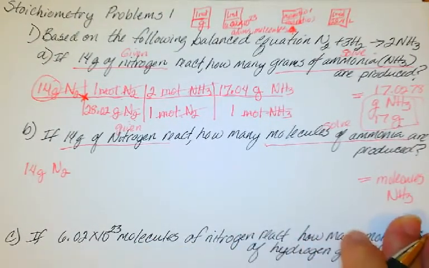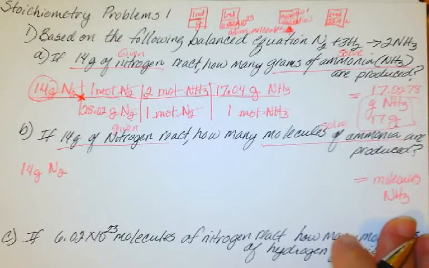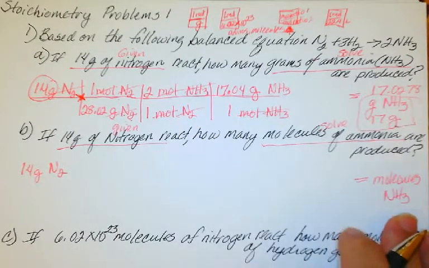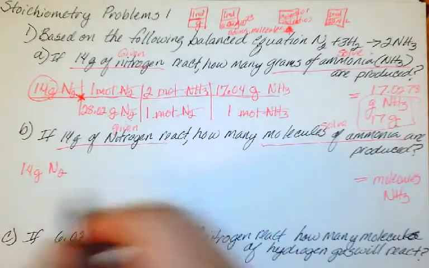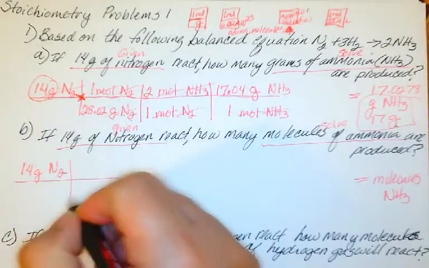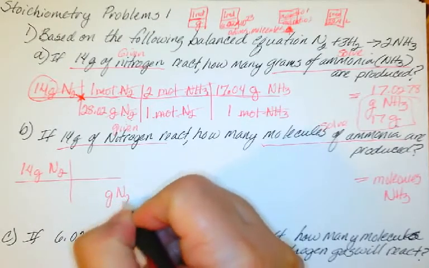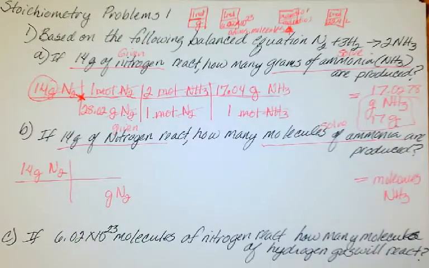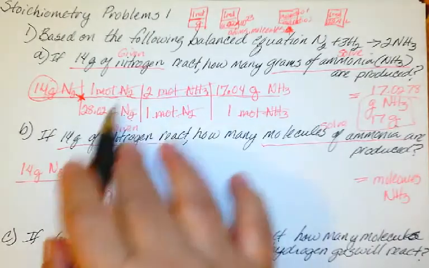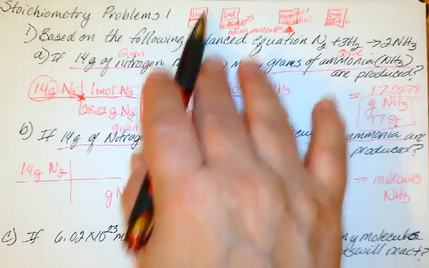Now that I've got that, I'm going to restart my problem. We start at the beginning. Grams here means I've got to have grams of N2. Where do I get grams? Just like before, I get it from the periodic table.